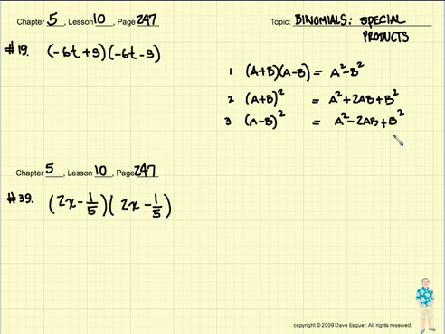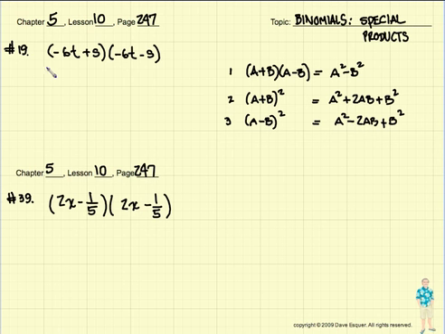We square the first term, we square the second term, we multiply the two terms together in the middle and multiply those by 2 with a minus sign in front. The easiest way to do this is going to be just to memorize these special products so that we can use these rules simply in trying to figure out how to multiply binomials.